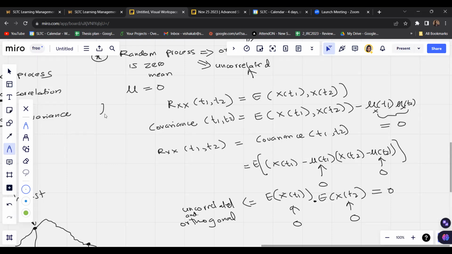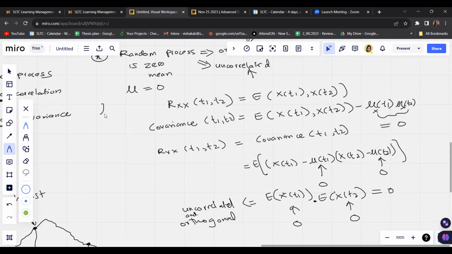Since the 0 mean property is there, singularly the expectation values of the random variables are 0. So if we take the product of those two and the products are 0, that case we refer to as the orthogonal case.